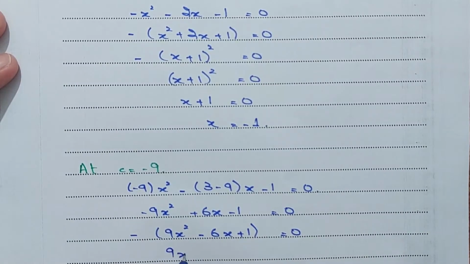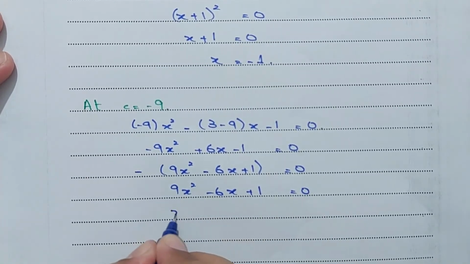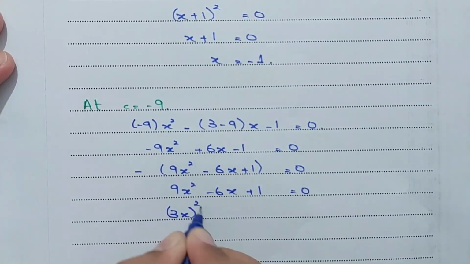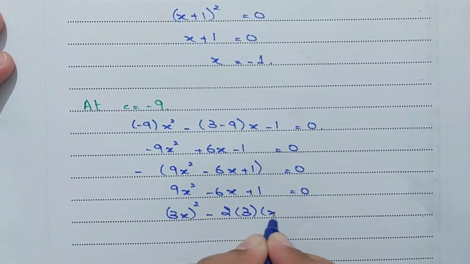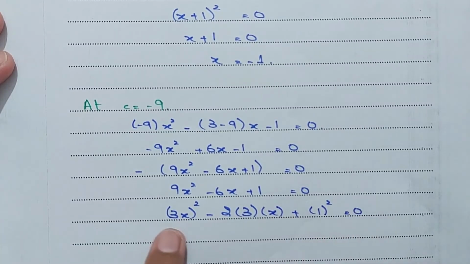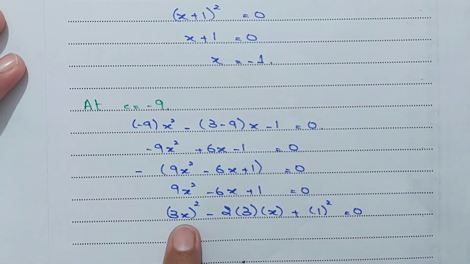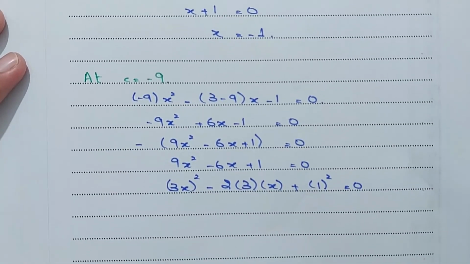So this would be 3x whole square minus 2 into 3 into x plus 1 square equals 0. So I just write down the formula of a square minus 2ab plus b square, right?